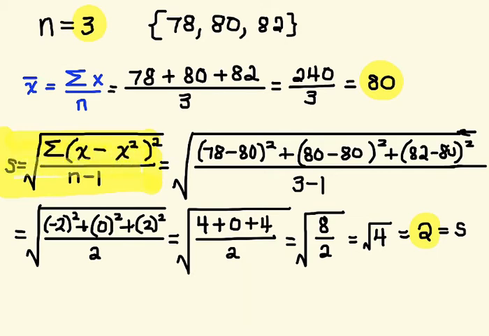So the variance is the square of the standard deviation. It basically would mean don't take the square root in this equation. And so the variance in this particular case, which is written as s squared, would be 4.